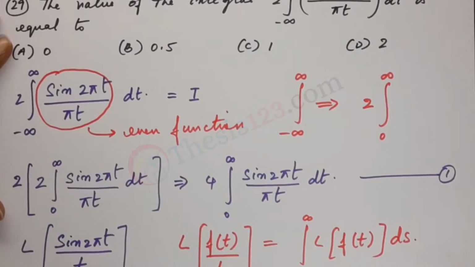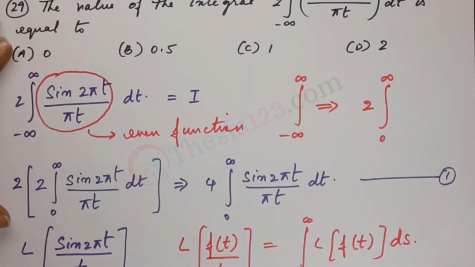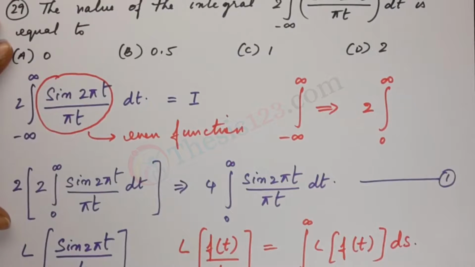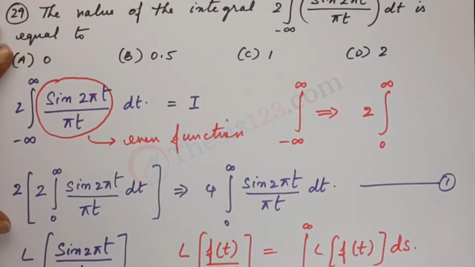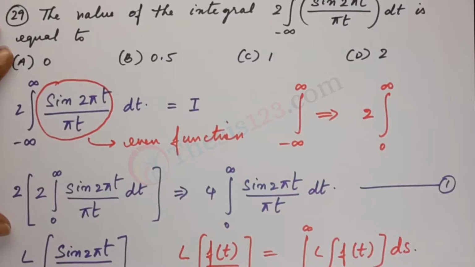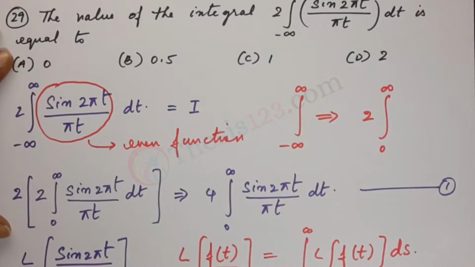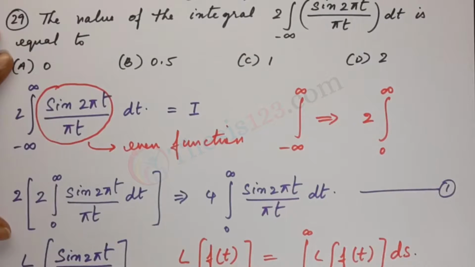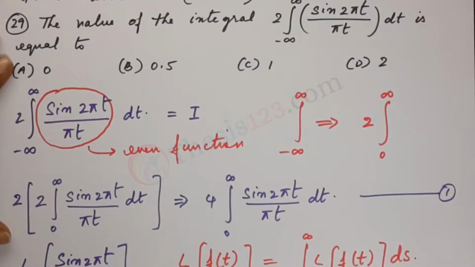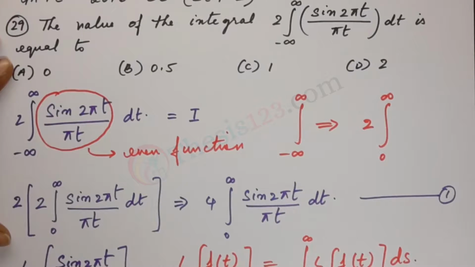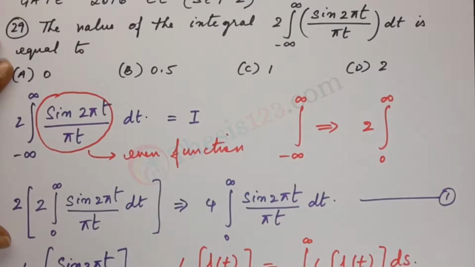This is a formula that we will have to remember, so keep in mind we are going to use it here. If you compare the two, you will see that f of t by t corresponds to sine 2 pi t by t. So the Laplace of this is the integral from s to infinity of Laplace of f of t, that is Laplace of sine 2 pi t.